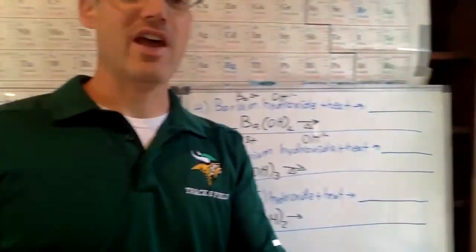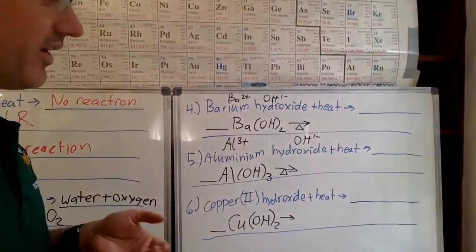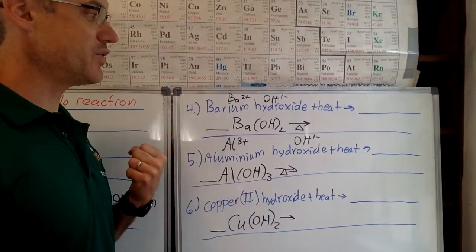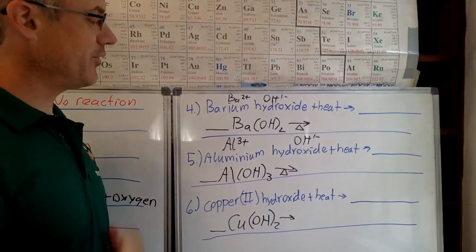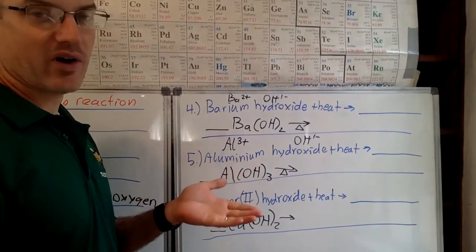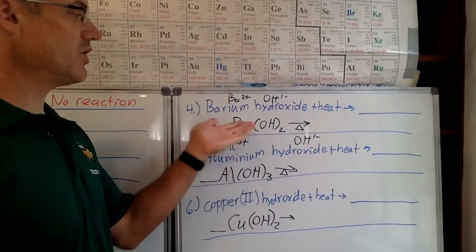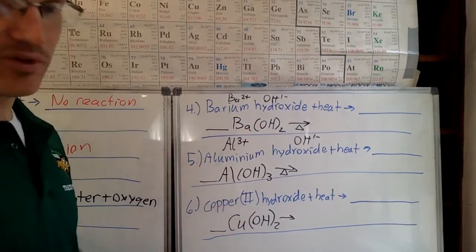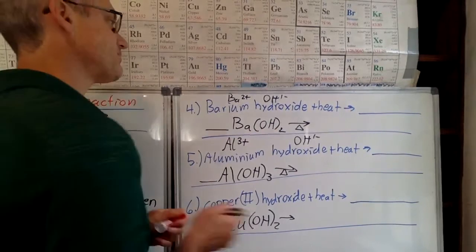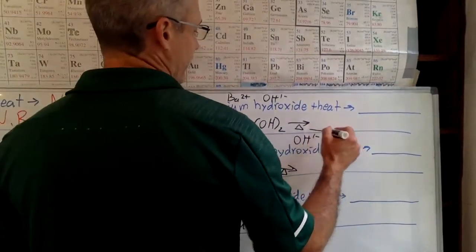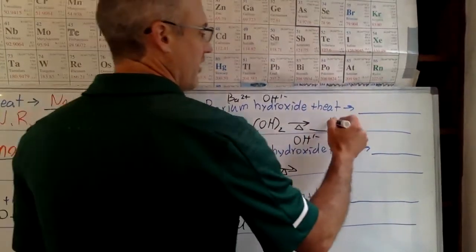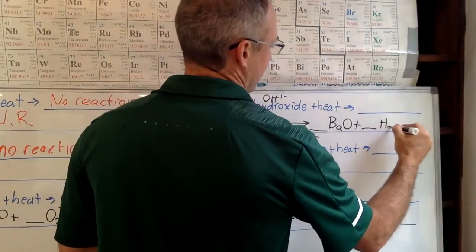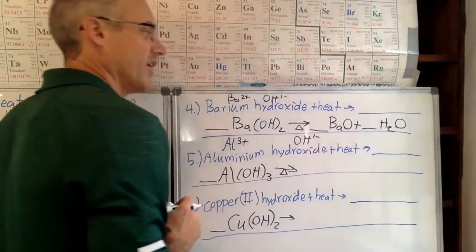So what actually happens with the metal hydroxides is they lose some of it, but then they have to hold on to one of the oxygens. So we definitely have potential to make water, right? Because we have H and O in the parentheses, but we're going to end up with a metal oxide here as well. Let's look at the barium as our first example. Barium oxide and water is what's created out of that.